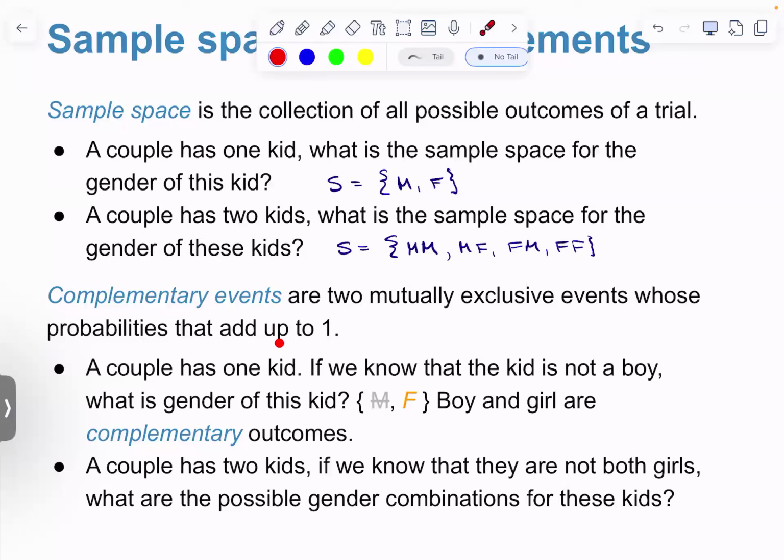Complementary events. We already introduced the complement. So complementary events are 2 mutually exclusive events, so they can never happen at the same time, whose probabilities add to 1.